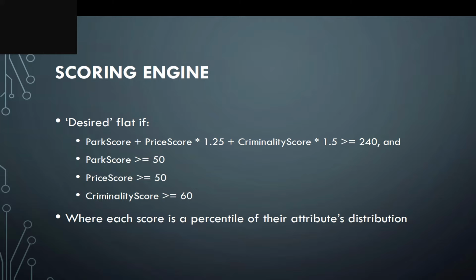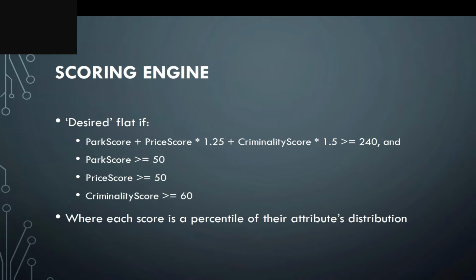For some of the attributes, we have seen that they follow a Gaussian distribution, for others a Poisson distribution, but using percentiles allows us to specify scores no matter what the underlying distribution is.